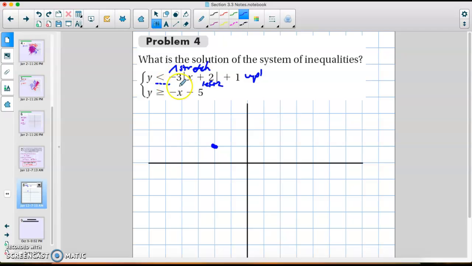And then this is really our slope, right? So we're going to go down 3. 1, 2, 3, and over 1. And then we can do the same thing. It's mirrored, right? Okay, and remember that it is a dotted line.